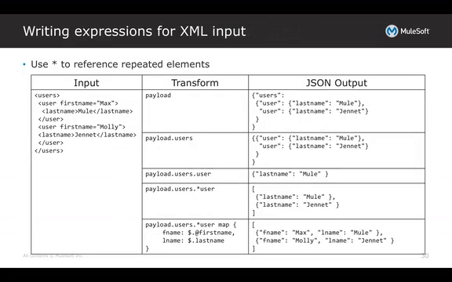Now, if we want to write expressions for XML input where we want to use multiple elements inside, we can use the asterisk, not just for multiple elements, but specifically for repeated elements. So if we look at our input on the left, where we've got users with two users coming in, well, what if we want to access those users? Well, first we could, of course, do payload for the JSON output that would generate this general structure.